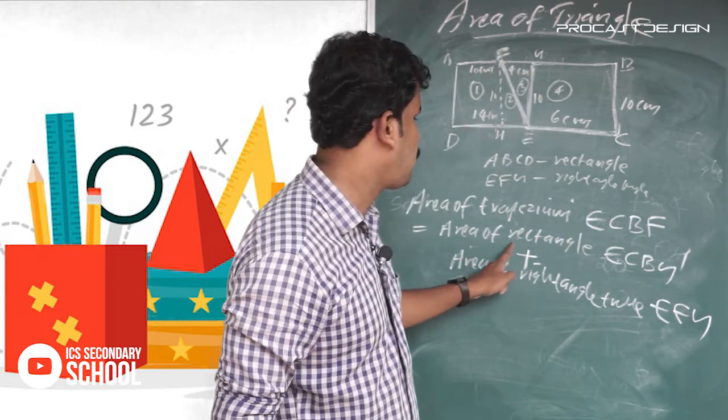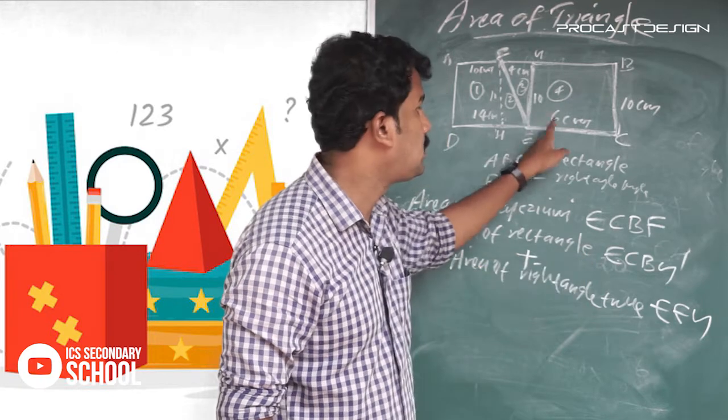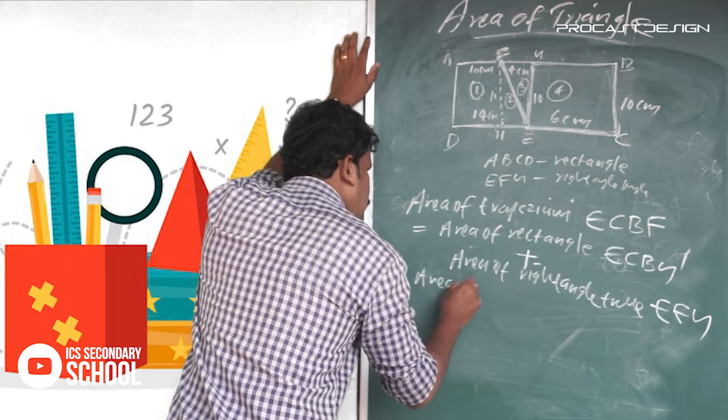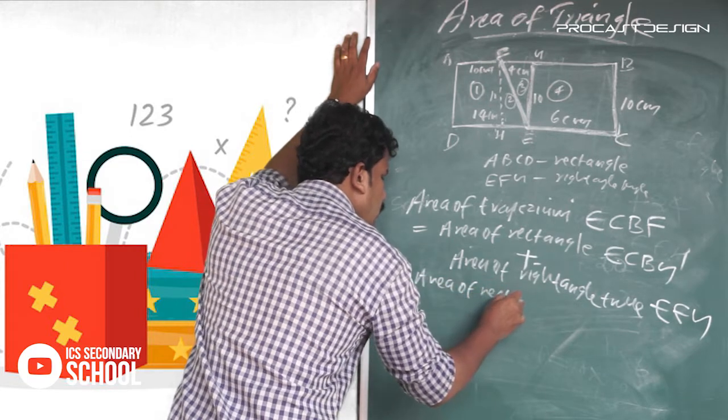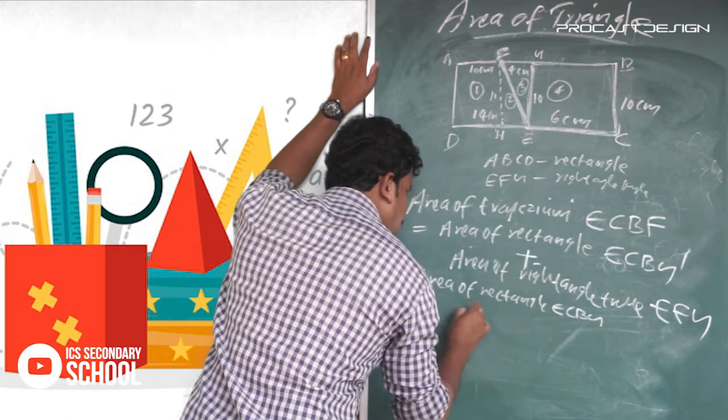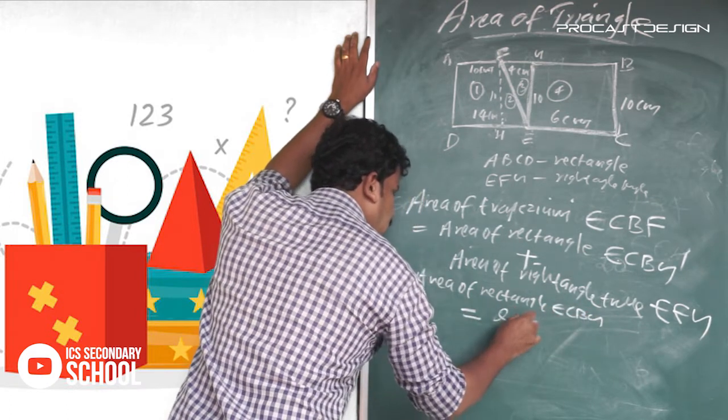So here first we calculate the area of rectangle ECBG. Area of rectangle means length into breadth.